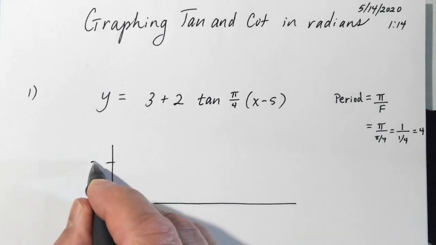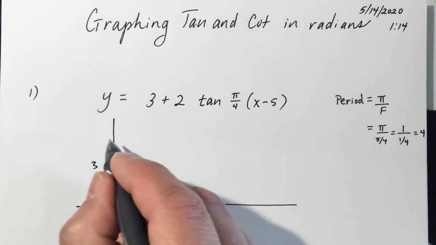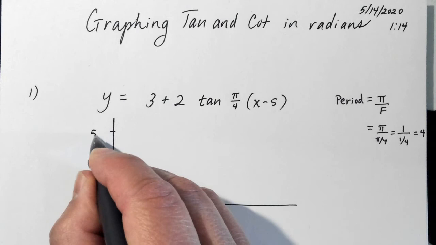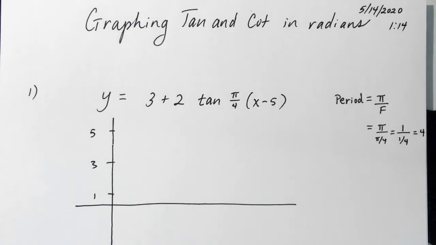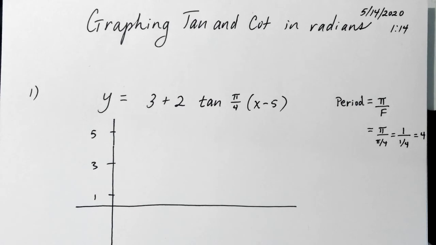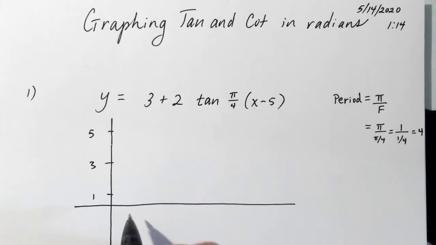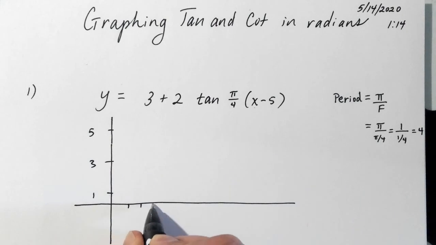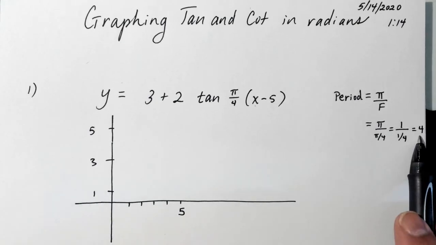So you get 3, 1, and 5 as your top, middle, and bottom of the road. 1, 2, 3, 4, 5. The period is 4.